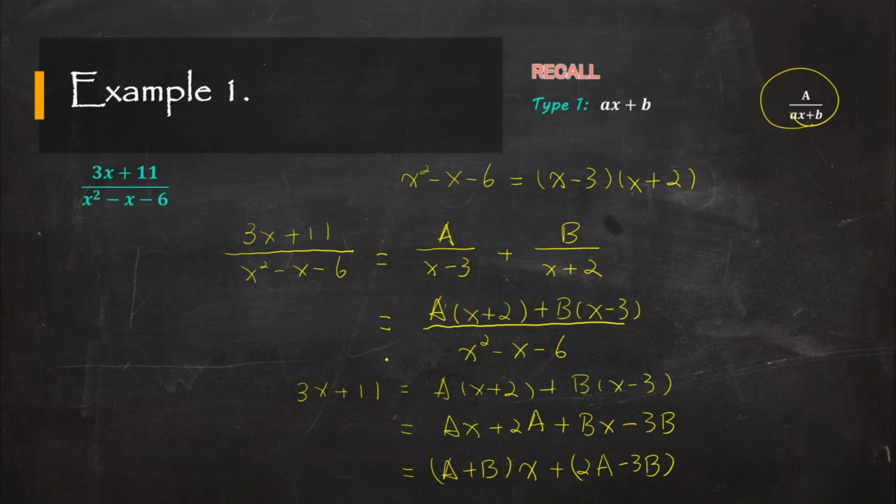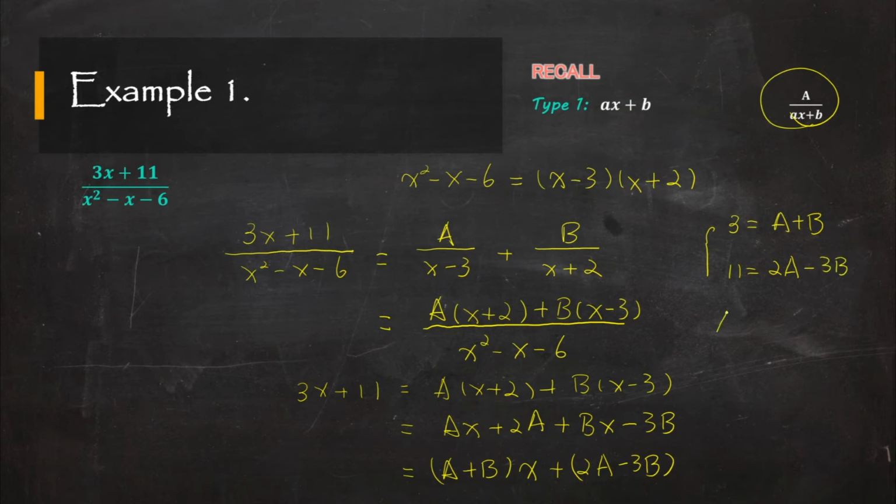So we can see 3x has to be equal to (a plus b)x, and the 11 has to be 2a minus 3b. So now we can make a group of equations. The first one is 3 has to be equal to a plus b, right? And here 11 has to be equal to 2a minus 3b.